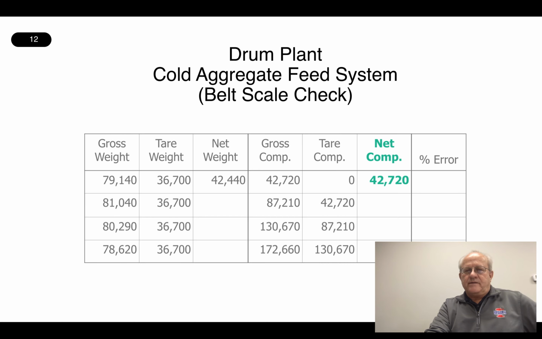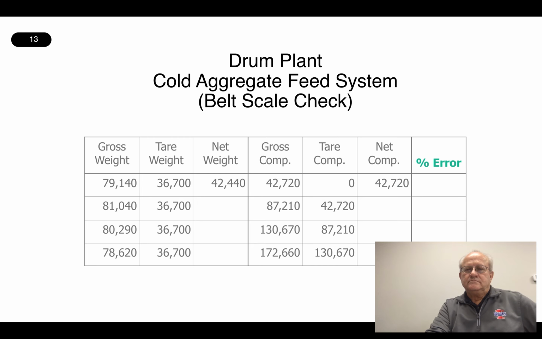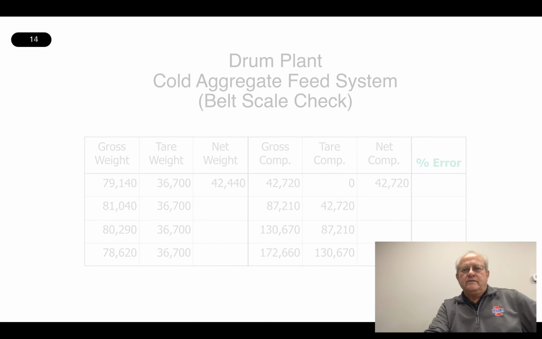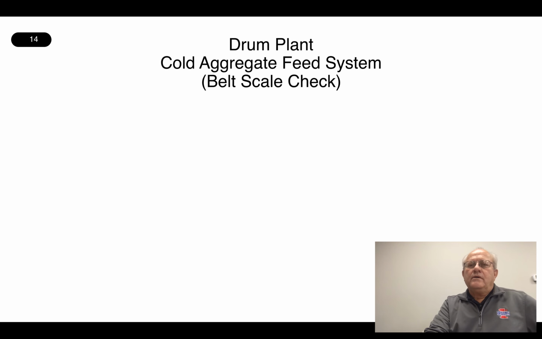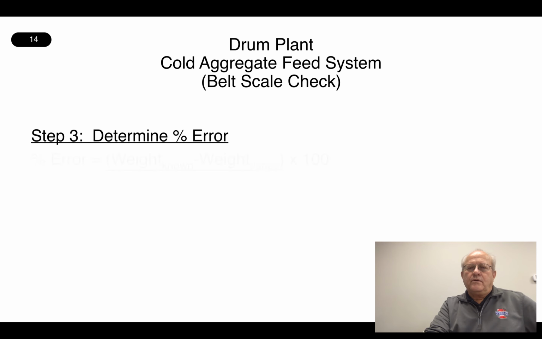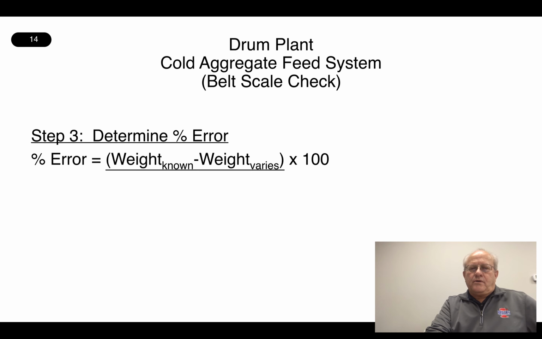And there's the example. To do the percent error, you take your known weight, which is the 42,440 pounds, because that's how much we determined of the material we put in the truck.